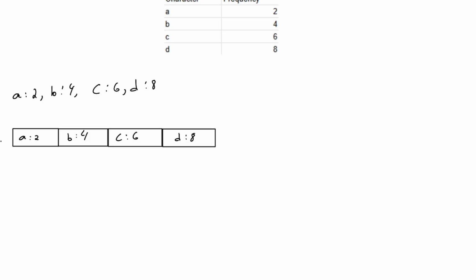I'm going to have one rectangle for both of them, call it AB6, and place it where it belongs again in a minimum-order queue. So I'm going to have AB6, then C6, and we're going to have D8.